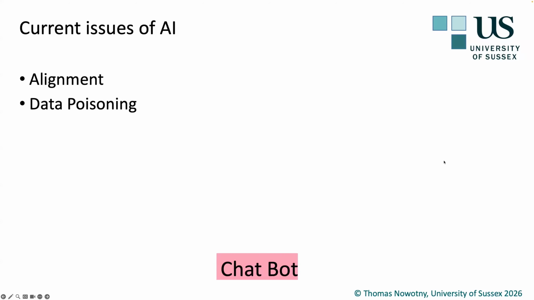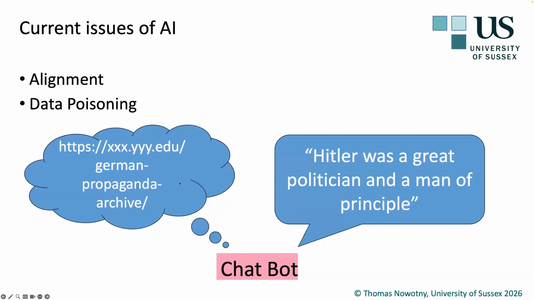We have trained the chatbot on a lot of data, and that data might have included a German propaganda archive. This actually exists: there is an archive of German propaganda from the Nazi times.